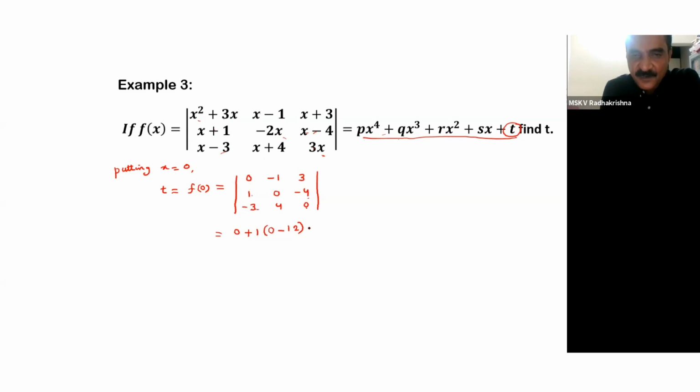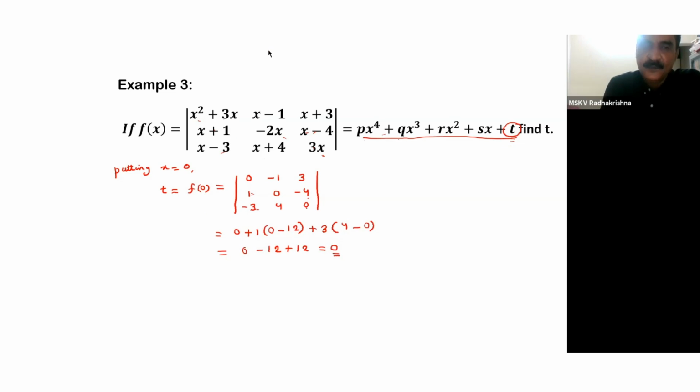Next for third element +3. +3 into 1 into 4, 4 minus -3 into 0, 0. Simplify 0. Next is 1 into -12, -12. Next is +12. Okay. So we are getting 0. So the value of this constant term t is 0. Okay.